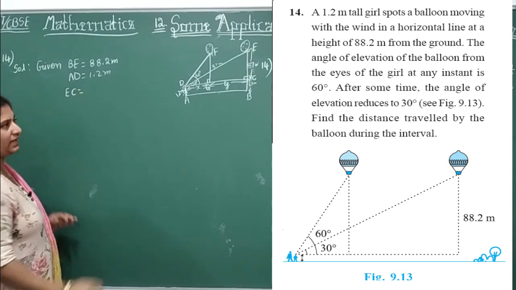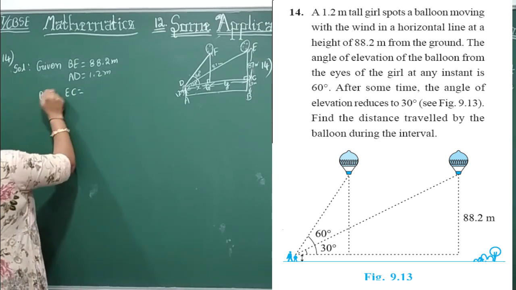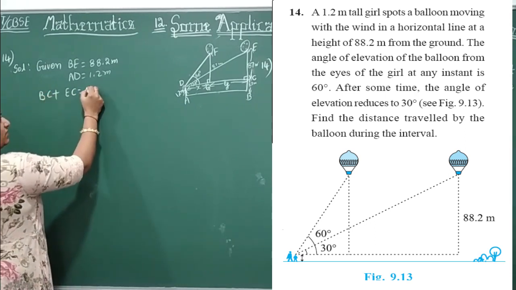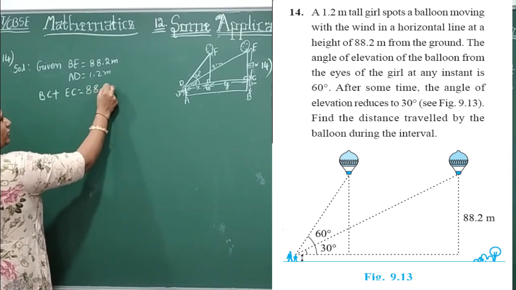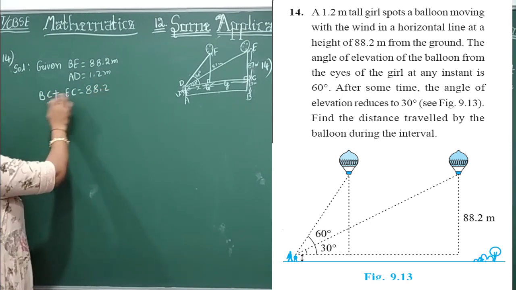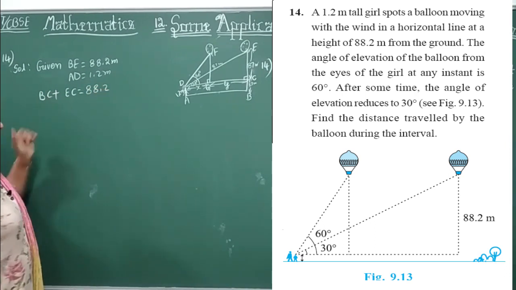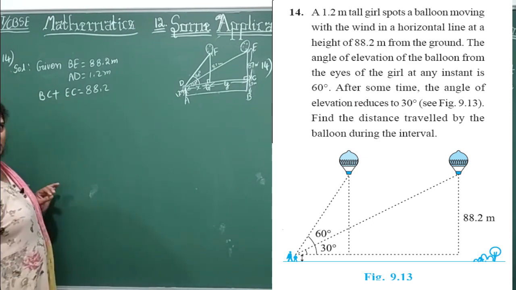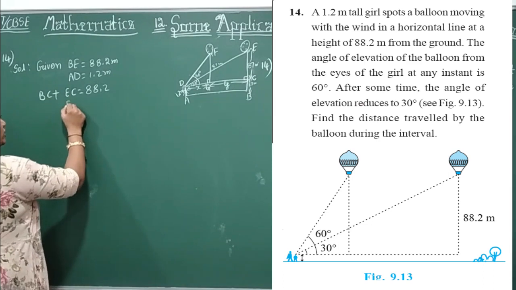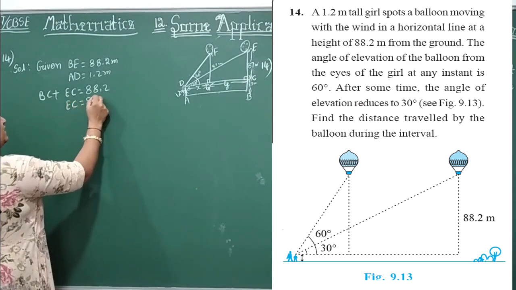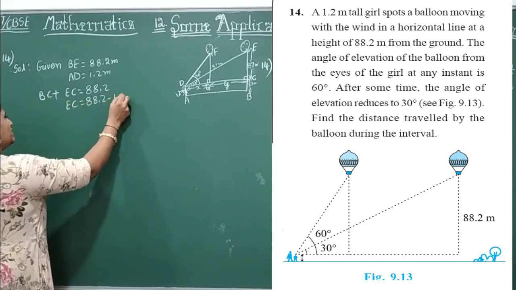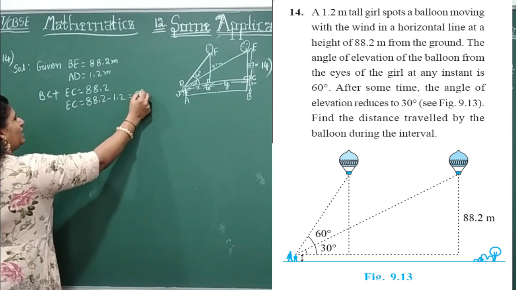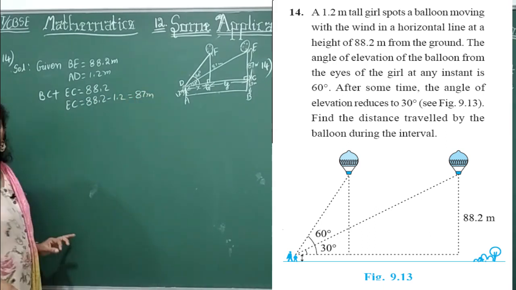You may write BC plus EC is equal to 88.2 meters, that is BE. So now, what do you know here? Do you know BC? Yes, it is 1.2. Sending this side, 88.2 minus 1.2, it will be 87 meters.